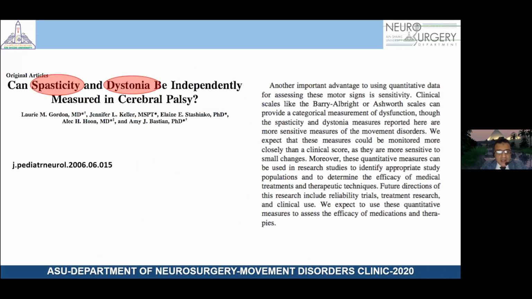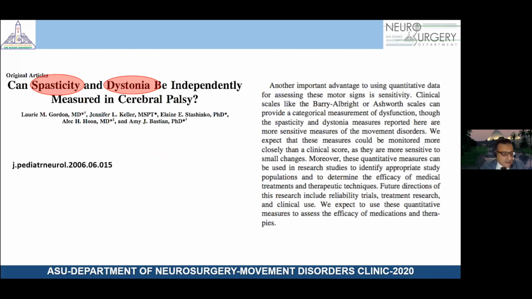It's important to differentiate between types of hypertonia in cerebral palsy or any other pathologies, because the choice of treatment should be directed according to the prevalence of one or more of these types of hypertonia, as we mentioned before.